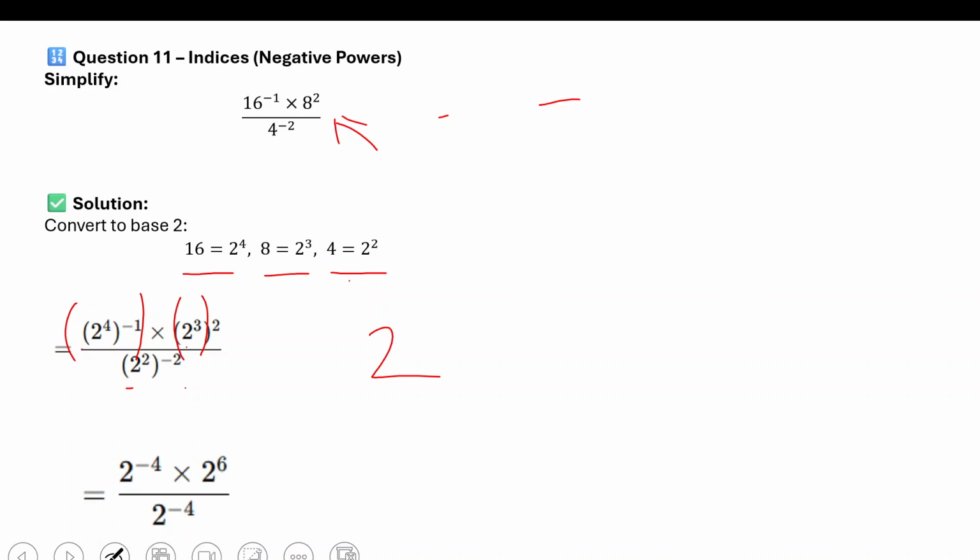If I simplify this, this becomes 2 to the power minus 4, this becomes 2 to the power 6, and this becomes 2 raised to the power minus 4. At this point, I can just take one of the twos because they are all the same base. Then I add the powers for the numerator, and for the denominator, I subtract the powers, right?